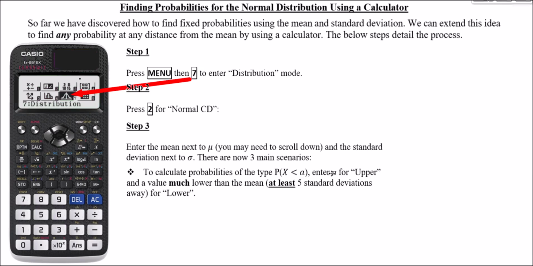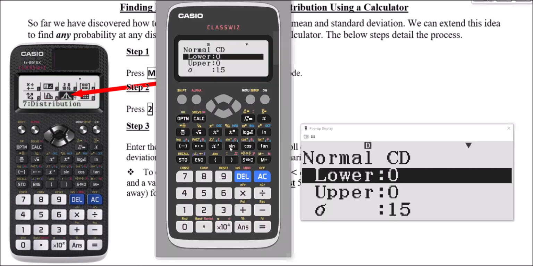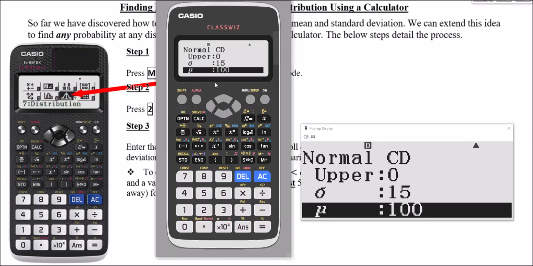So what we do here, we enter a value for upper, and then because there's no lower bound, you just put a really low number for the lower boundary. In my example, let's imagine I wanted to find the probability of being less than 115. Now I've put the standard deviation as 15, and you should remember from part 1, chapter 3.1, that anything within 1 standard deviation of the mean is 68% of all the data.